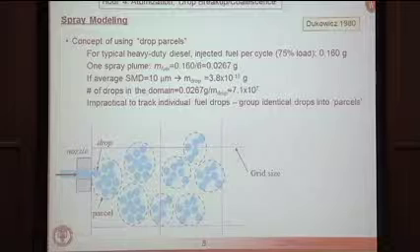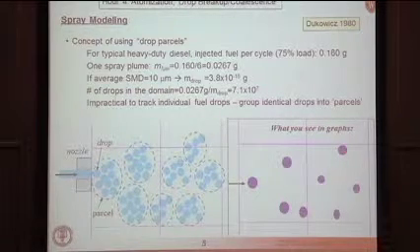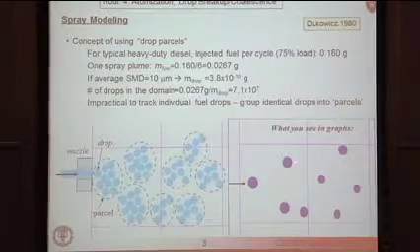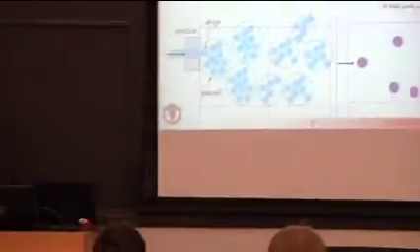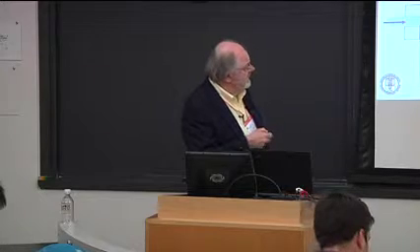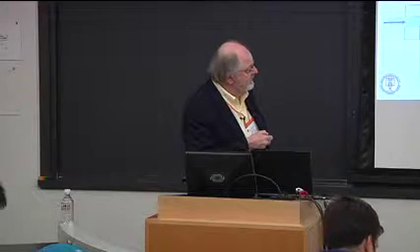So with this approach, when you take a look at a simulation result, you'll see what look like droplets. But in reality, each of these droplets or parcels here consists of many droplets. It could be 1,000 droplets in one of these parcels. So you can see we needed, say, 70 million droplets.